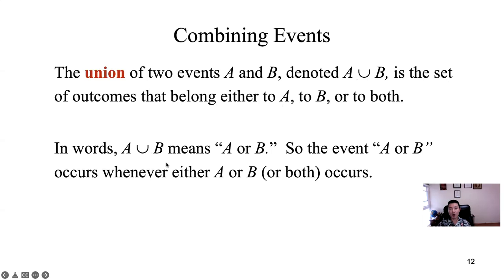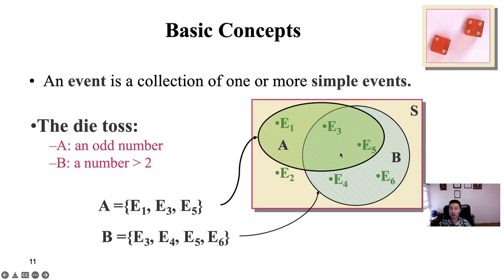So the event A or B occurs whenever either A or B or both occur. In this experiment, A or B will include E1, E3, E5, E4, and E6.